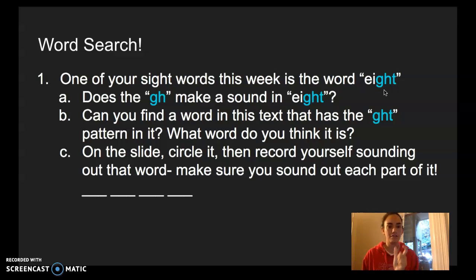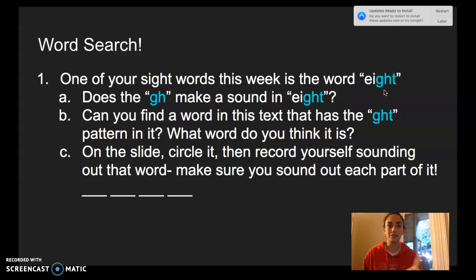So what I would like for you to do, I want you to find the word that has that GHT pattern in the text. And then I want you to see if you can sound it out and figure out what word it is. So remember, if we don't read eight as egg, we're not going to read this word that way, okay?